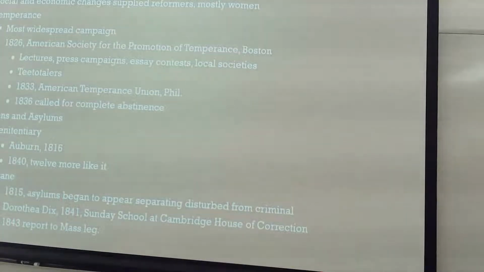But the Auburn system basically held everybody in solitary confinement, so you could think about your crime and get over it. And by 1840, there were 12 more like it.